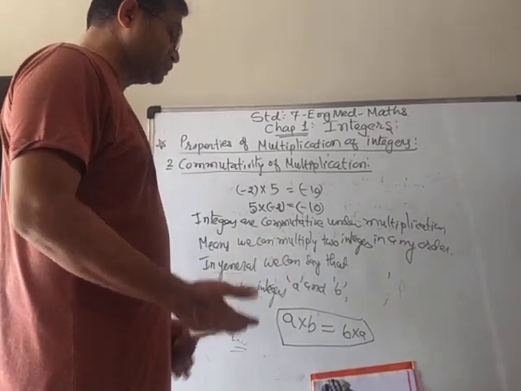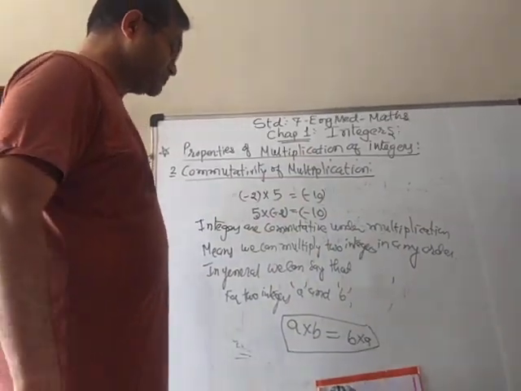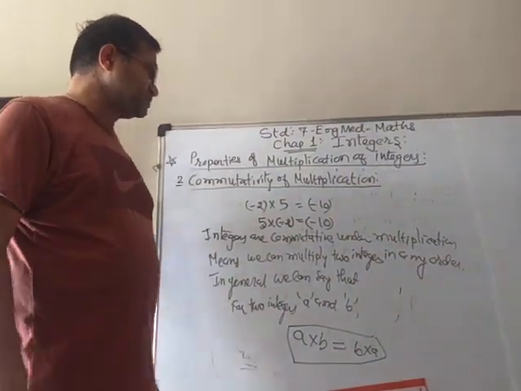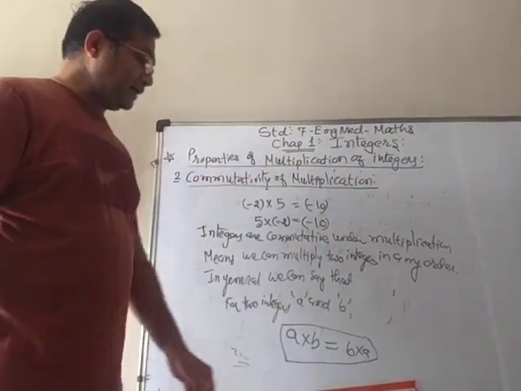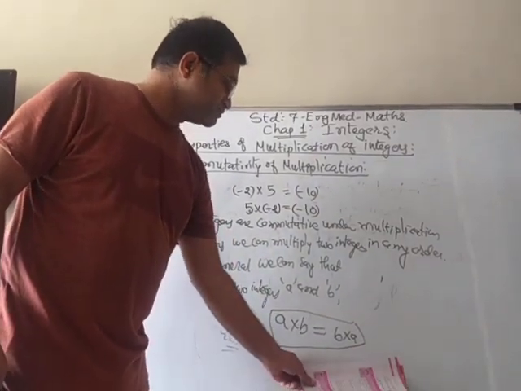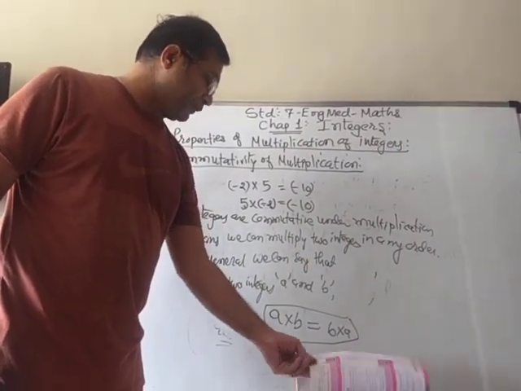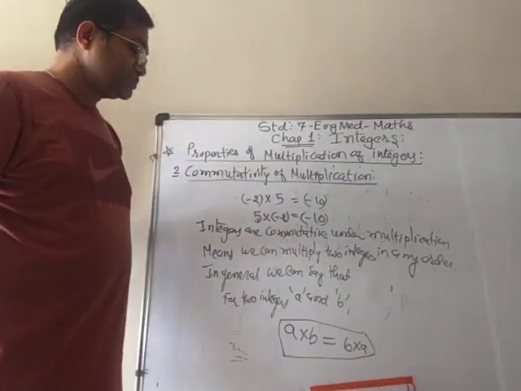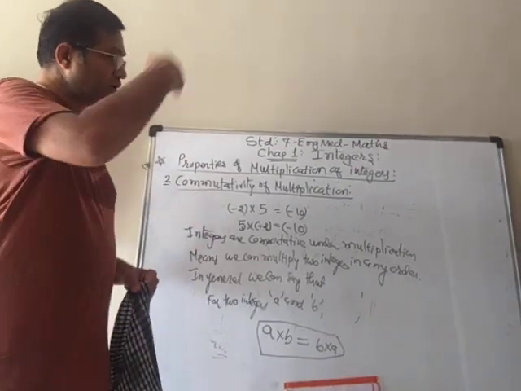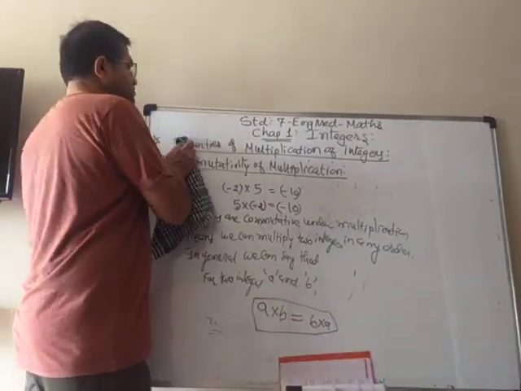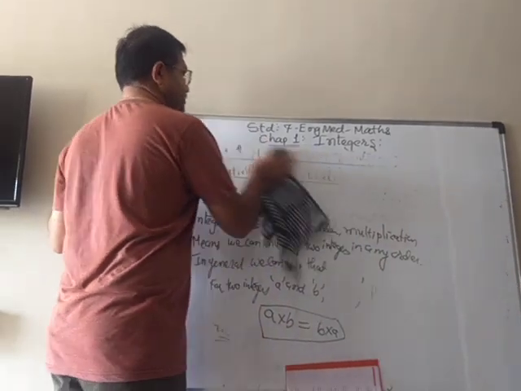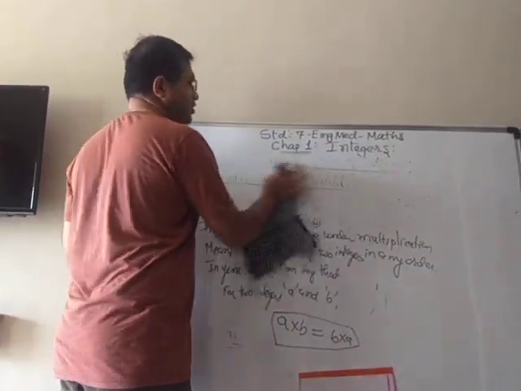But before we go to that next property, we have to learn about some special things, and then we will see the associative property, and then the most important is the distributive property, which will be useful in your study in the future also, in the higher standards also.